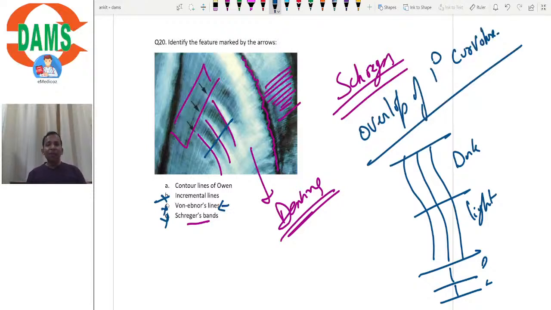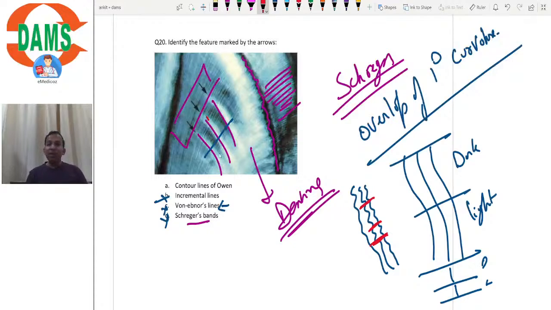So what are we left with? We are left with the contour lines of Owen. So how are the contour lines of Owen formed? They are formed because of the overlap of secondary curvature of dentinal tubules, isn't it? Dentinal tubules along their entire length have multiple small curvatures, and when these multiple small curvatures overlap, they will form contour lines of Owen, right?